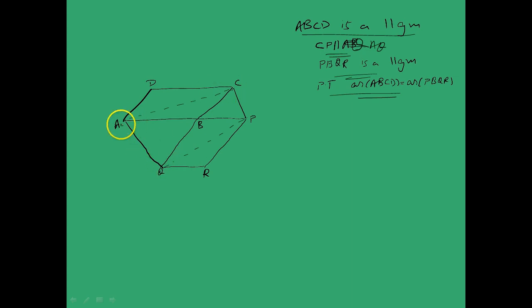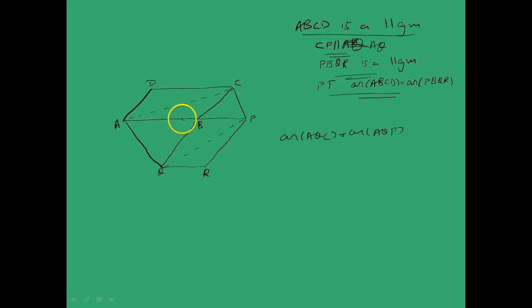Notice that they share the common base AQ and also lie between the same parallels, that is CP and AQ. So what we can write is area of AQC is equal to area of AQP.